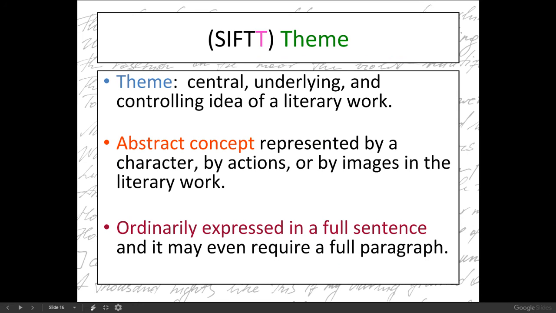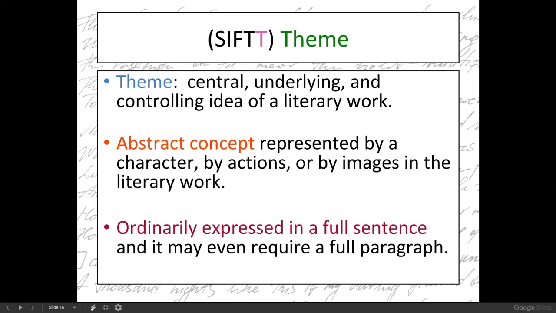The last T in SIFFT is theme, and we have discussed this many times. A theme is a central, underlying, controlling idea or message of a literary work. It is an abstract concept, and you would see it represented by the characters or by their actions or images in a literary work. It is usually expressed in a full sentence.